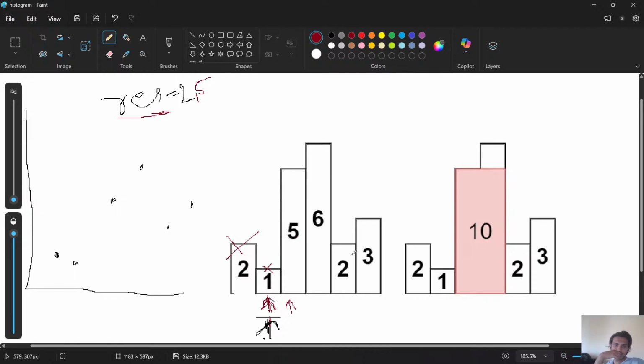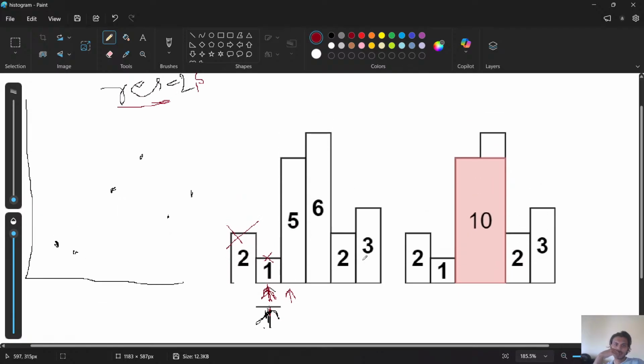Then we have 2, then we're going to have 3, pop, we add 3, calculate for this one. Let's say there was a 2 in the middle. If we add 5, we have smaller than this one. Let's say there was another 2 here, so this will be the greatest one.